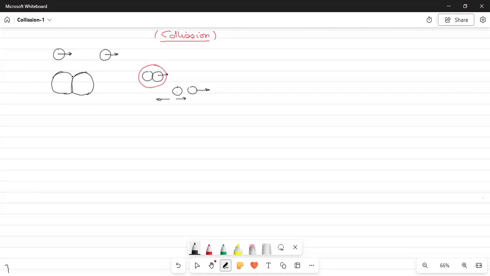The original shape was like this, now it has become slightly deformed. Suppose it's a rubber ball. It will deform, and this deformation creates a potential energy in the body.